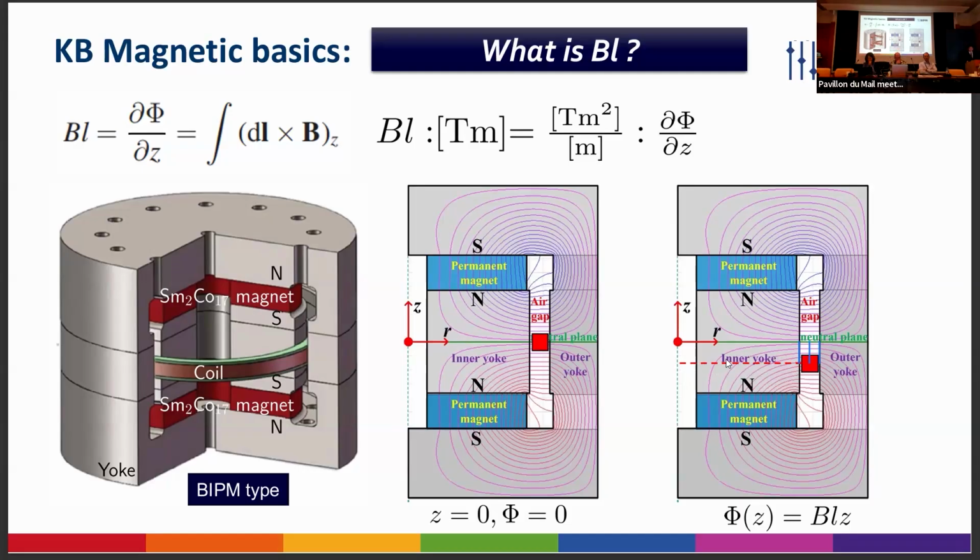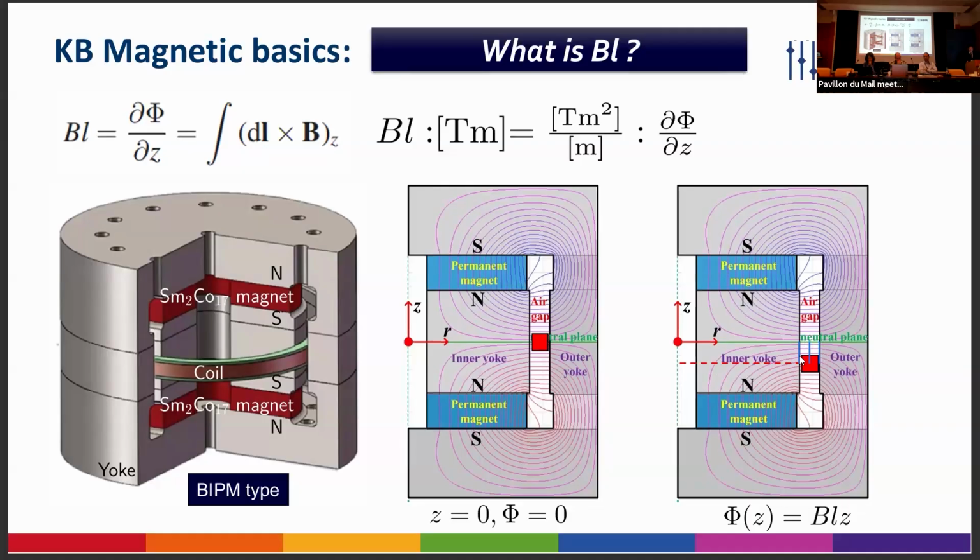But you can convert this flux into the area of this blue surface. You see this blue circle, this surface. In principle, all the flux going through the coil should go through this blue surface.